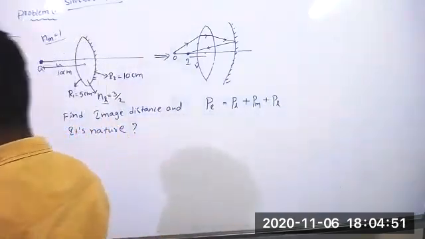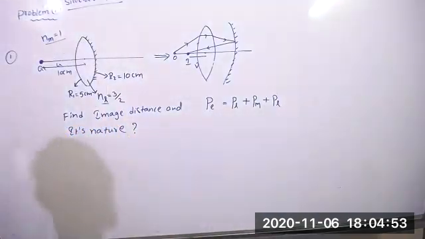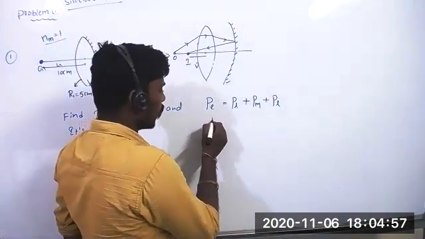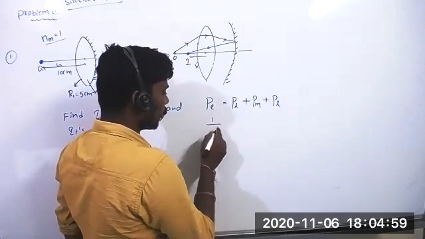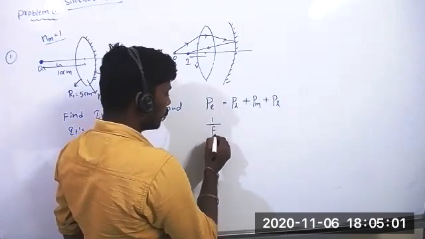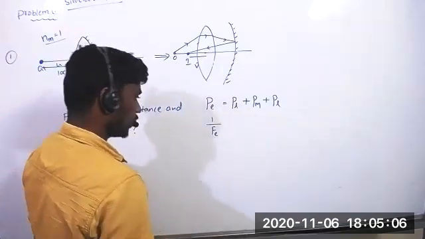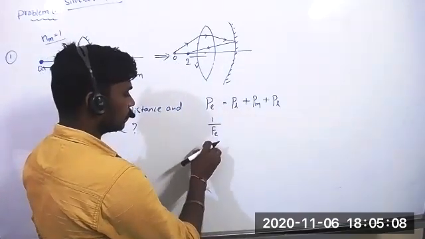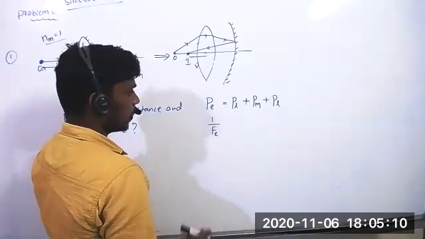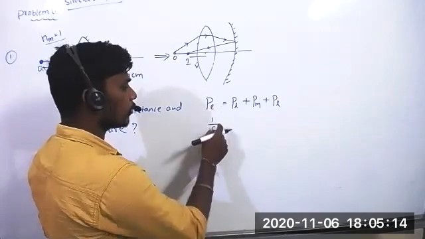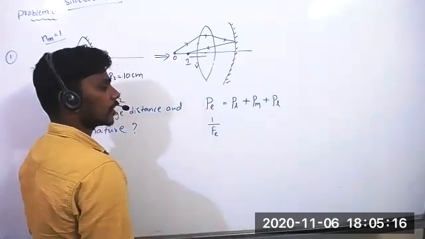Clear? Yes, sir. Now power is nothing but 1 by focal length. So power equivalent is equal to 1 by focal length equivalent.